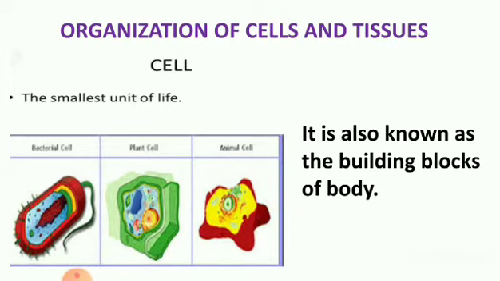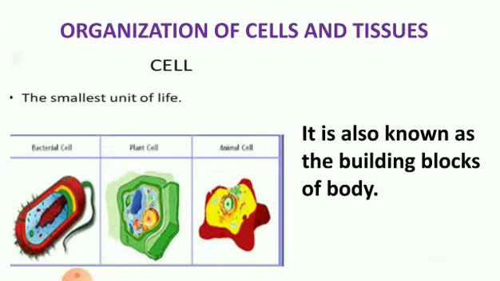Students, a single-celled organism. Which one is a single-celled organism? Yes, amoeba. So, amoeba is able to carry out all the processes of life like higher organisms. What is higher organism? Higher organisms have billions of cells, but amoeba has a single cell.